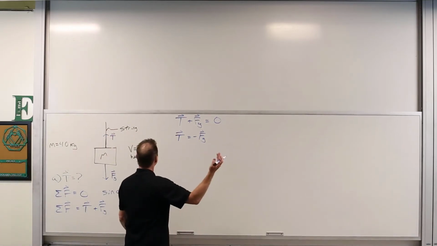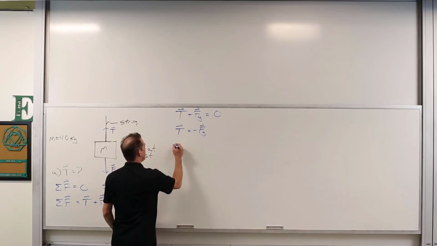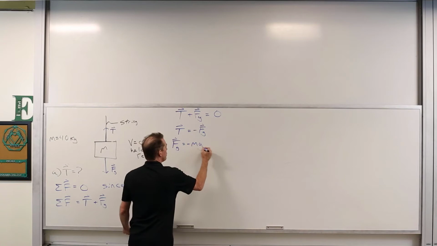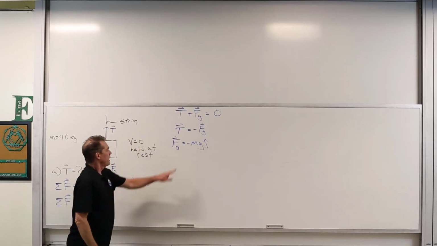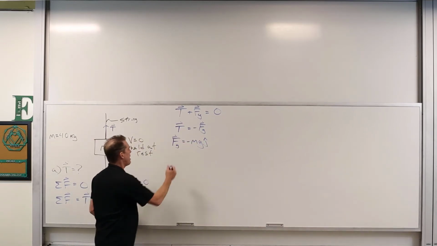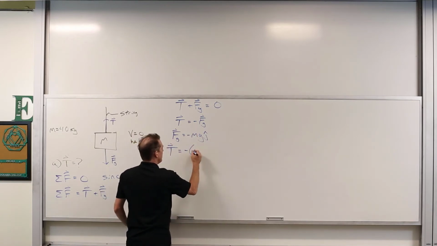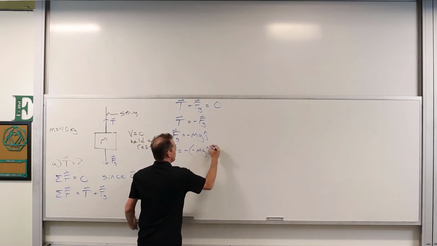Now, we know that the gravitational force in general, F sub G hat, is equal to negative mg J hat. So we can stick that in for the force due to gravity and get that T hat is then equal to minus negative mg J hat.